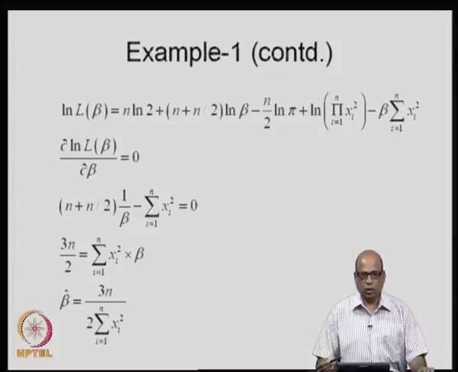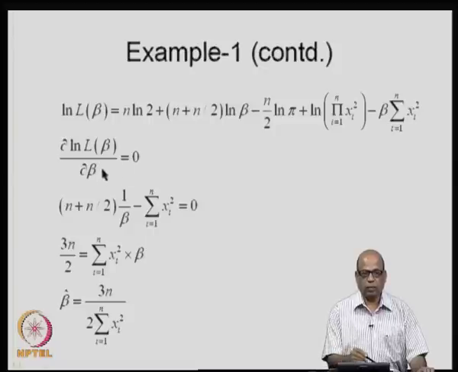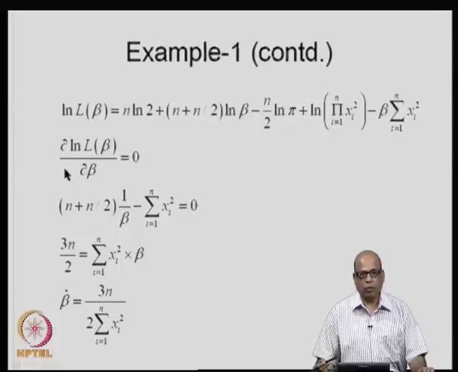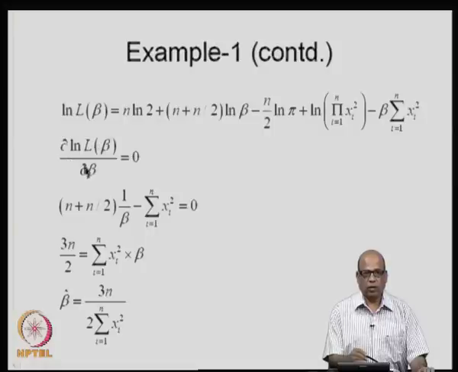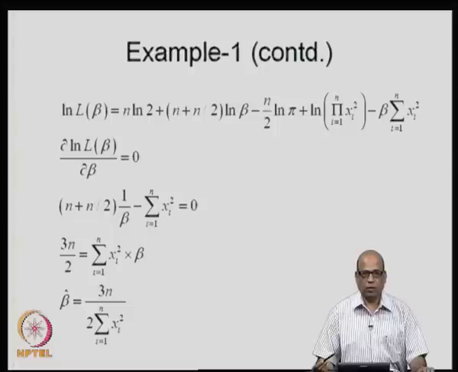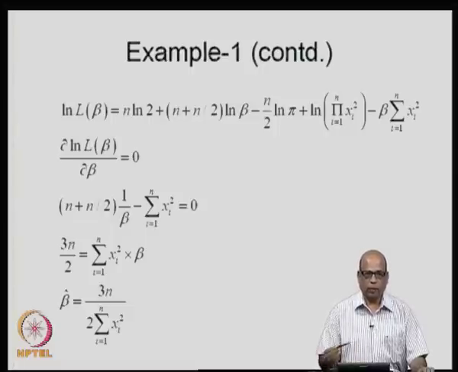In this particular case, we did take the logarithm, and because we are maximizing, we take the first differential, which is a necessary condition, with respect to the parameter, equate it to 0 and solve for that parameter. If you had more than one parameter, you would have differentiated the logarithm of this likelihood function with respect to each of the parameters, thus generating as many equations as you have parameters, and solved all of them to get those parameters.